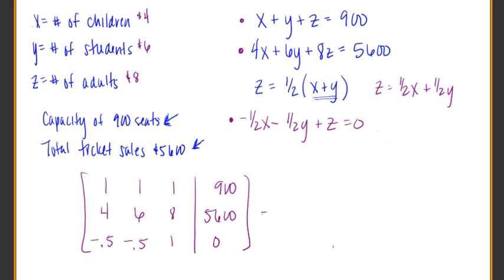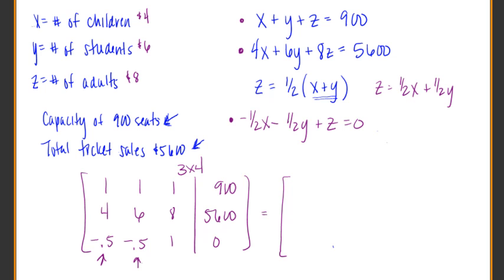Okay, let's plug this in our calculators. If you want to pause it real quick, let's see what you get, and let's compare our answers. As you're typing this in, take special note of the dimensions: there are 3 rows and 4 columns, so this is definitely a 3 by 4. And when you put in these negative 1/2s, these negative 0.5s, make sure you use the negative key, not the minus key, okay?